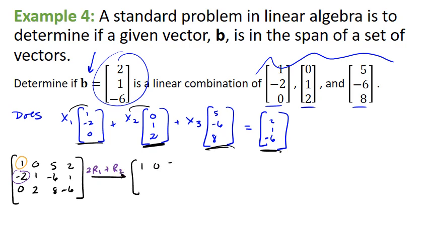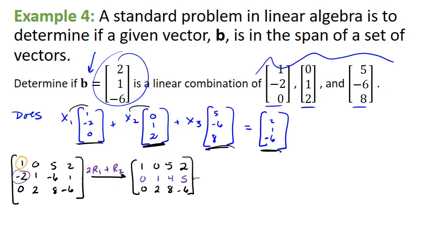So row 1 remains the same, but row 2 becomes 0, 1, 4, and 5. As you're watching these videos, you may want to pause, try to come up with this same row 2, and then unpause and see what happens. Row 3 remains the same.